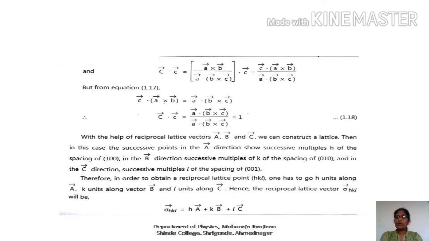So during this lecture we have seen what is a reciprocal lattice, how to get a reciprocal lattice, and what is the importance of the reciprocal lattice. Then we considered a two-dimensional lattice. Then by using a similarity of triangles equation, we found 1 upon d HKL and expressed sigma in terms of 1 upon d HKL, and found the values of the corresponding capital A, B, C for the reciprocal lattice vectors.